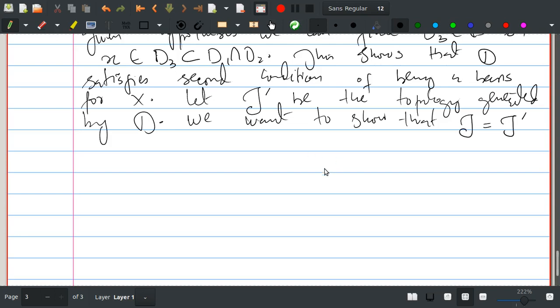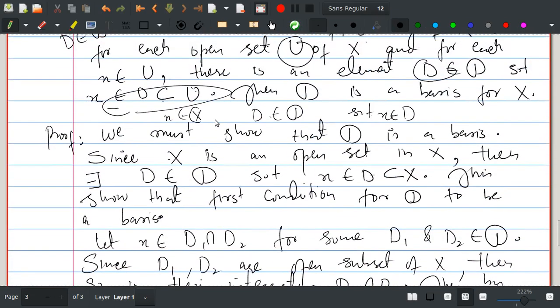So we have to prove every open set in T is also in T prime and vice versa. So let U belong to this fancy T. Now if this U is in fancy T, then this U is open, and this satisfies the hypothesis.